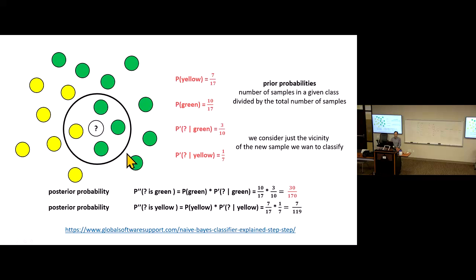You consider its neighbors, and your likelihood to be green is 3 times higher than to be yellow. So you put that information in, compute a posterior probability, and at the end it's likely to be green. Okay.